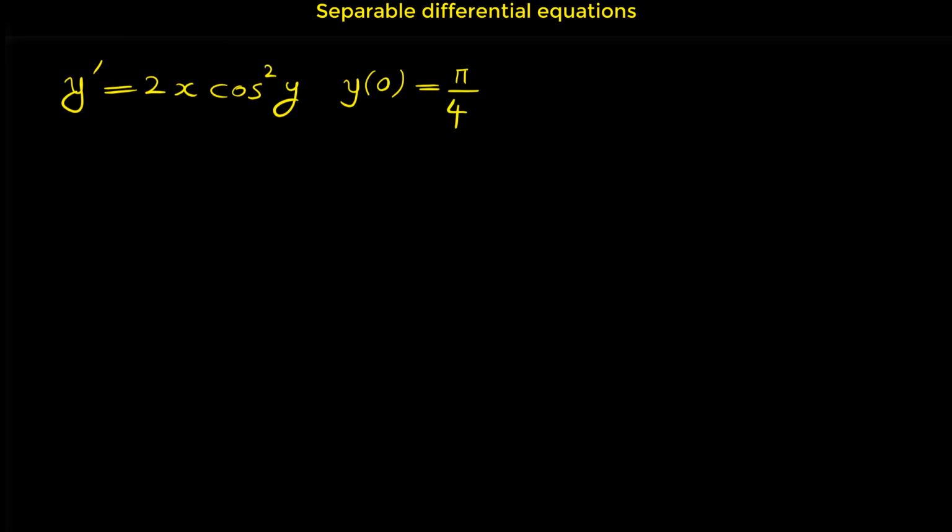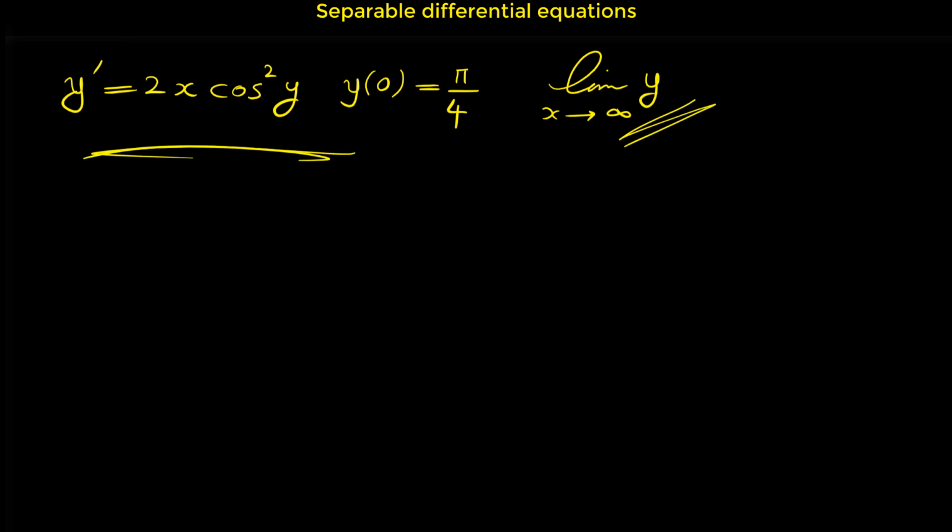And the question is, what is the limit of y, or actually y of x you can say, what is the limit of our solution as x goes to positive infinity? So first we have to find y, the solution of this differential equation, the function that satisfies this differential equation, and then we have to find the limit of that solution as x goes to infinity.